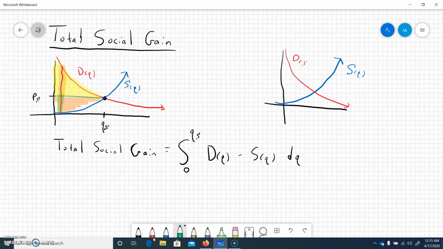So I could pick a different price point. I could pick somewhere over here. And at this point I'm cutting this off. So if I talk about a shaded region, I'm not going to distinguish in colors, but if I talk about the total social gain, it would only be this part over here because of where I've set the price point. Now that's not necessarily a bad thing.